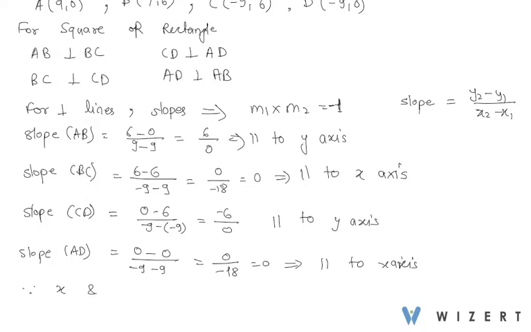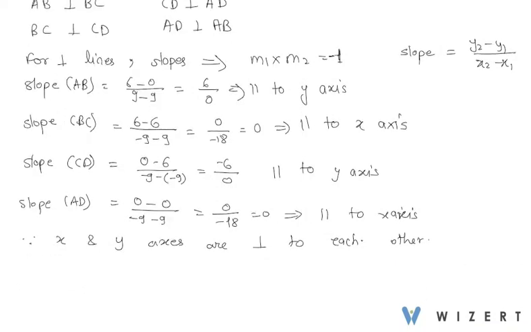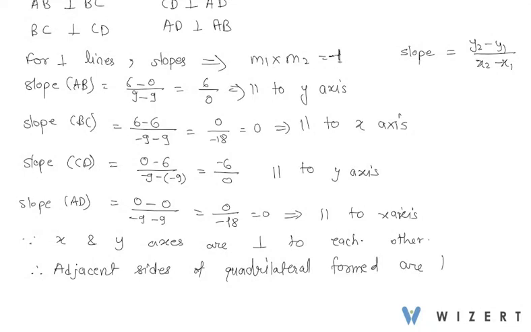Since the x and y axes are perpendicular to each other, we can say that the adjacent sides of the quadrilateral formed are perpendicular to each other.